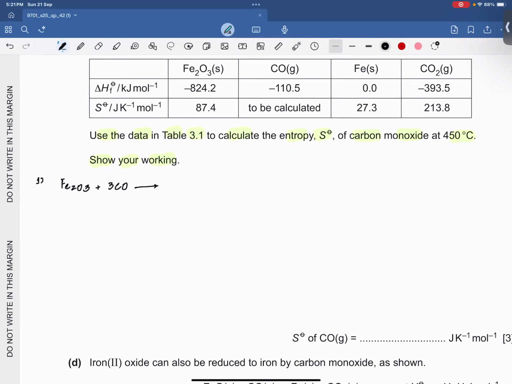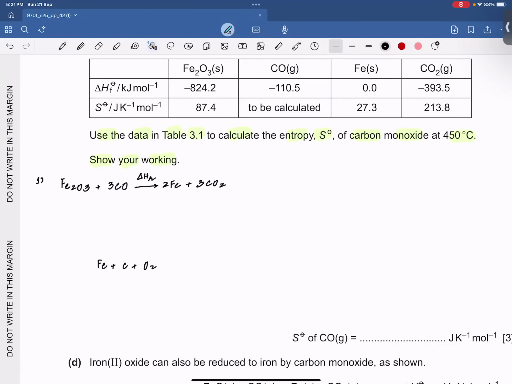By the way, this reaction you have done in O levels in extraction of iron through hematite ore. I thought I should let you know about this equation. And you will get carbon dioxide. I need to find out the enthalpy change of reaction. And since formation data is given, I need to make a Hess's law cycle.